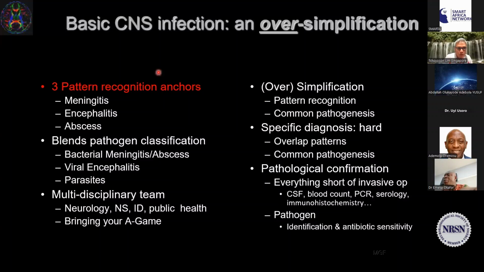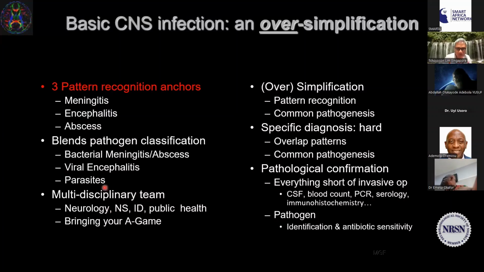So we will anchor the pattern recognition on 3 typical patterns, starting with meningitis, followed by ring-enhancing abscesses, and finally, virus encephalitis. We will blend some of the pathogen classifications, and we'll look mostly at bacteria and parasites before moving on to viruses.